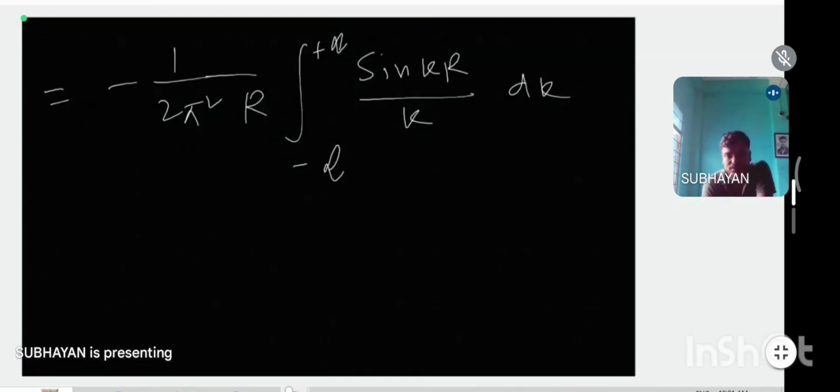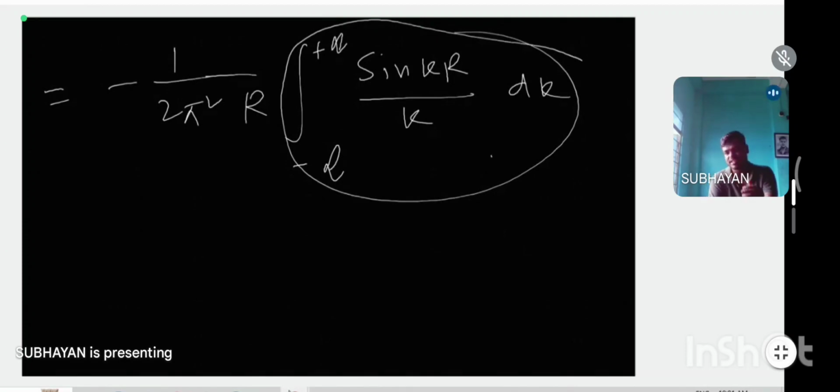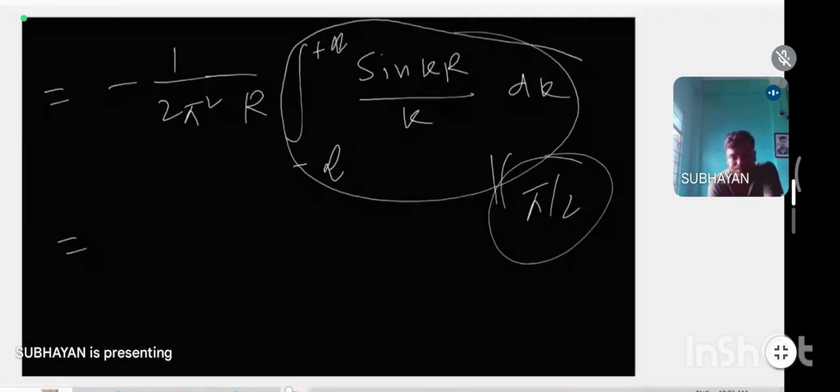And you know the value of this integration. The value of this integration is equal to pi by 2. You can perform this integration following complex variable integration, the Cauchy residue theorem. Under a suitable contour, you can find the numerical value of this integration to be pi by 2, and then it will be minus 1 by 4 pi r.